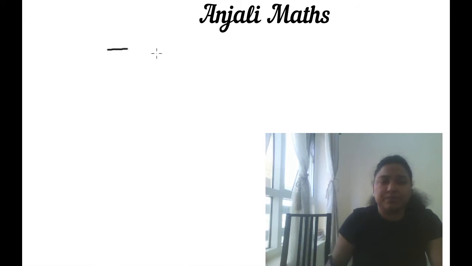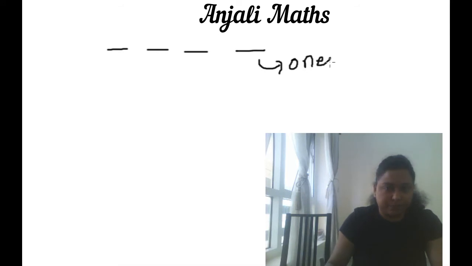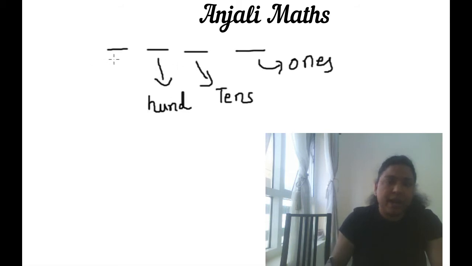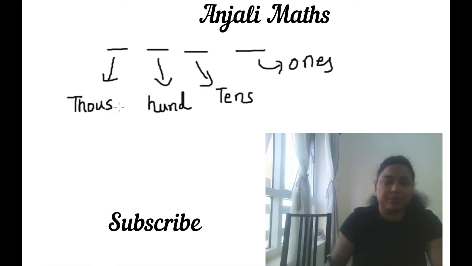4-digit numbers. This is ones, this is tens, 100, and this is 1000. As I told you, we were adding 100 after the number.